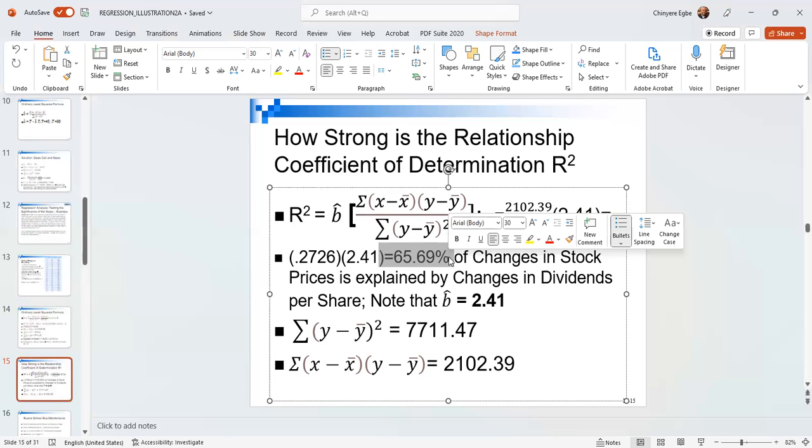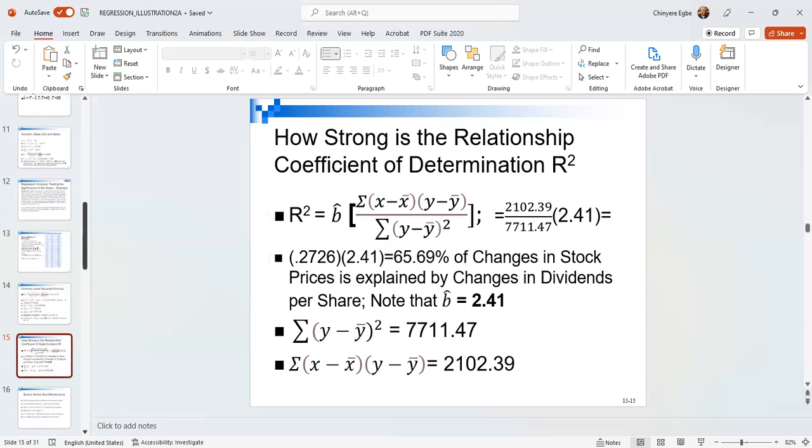They might not want to be receiving dividends. They might want the company to grow and pay less dividends. There are other factors, a whole bunch of other factors, okay? And so it means that as much as 34% of the changes in the price of the stocks of the company are not entirely explained by the desire for investors to have dividends.